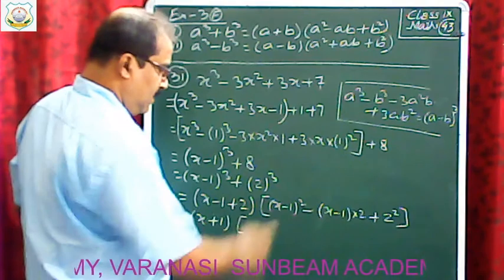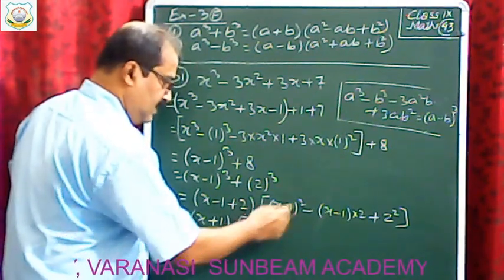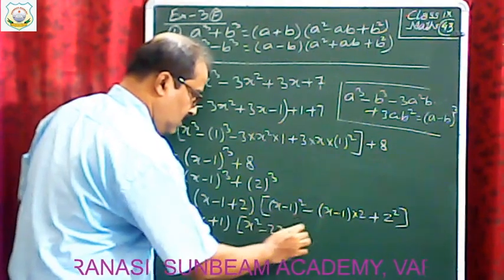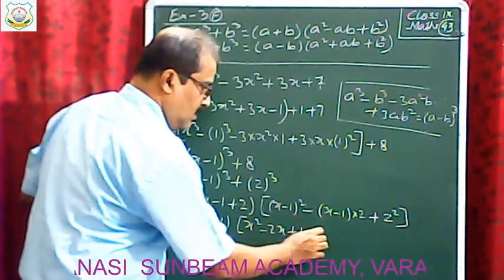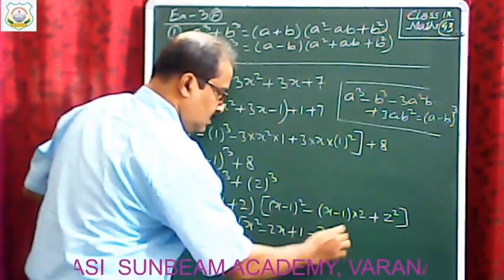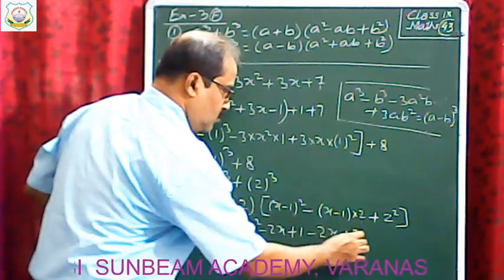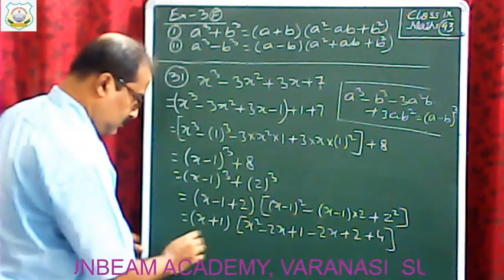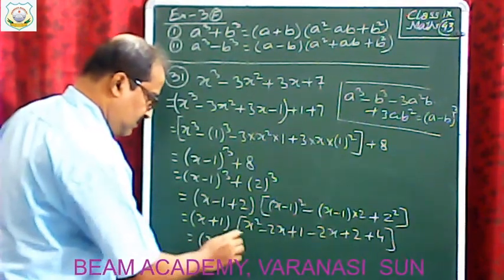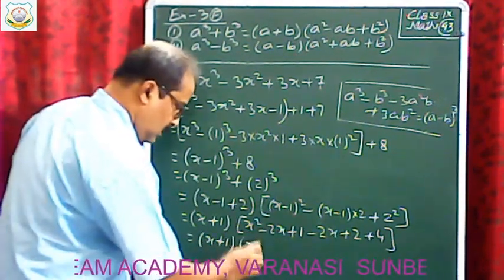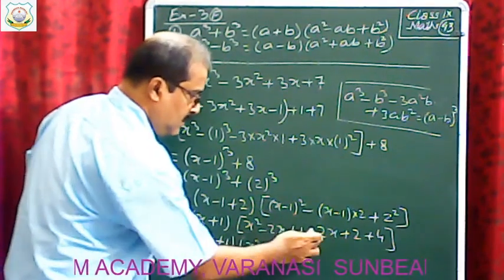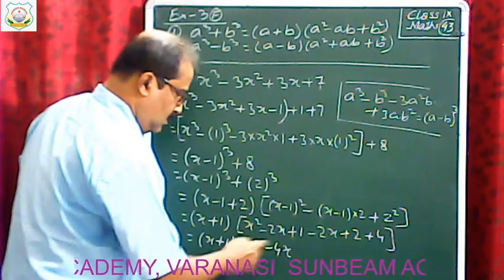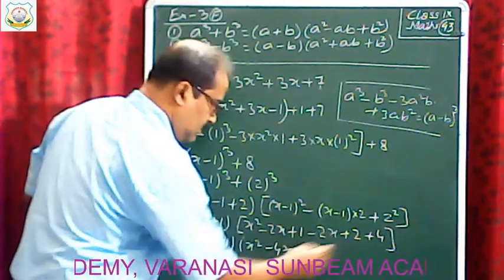Thereafter expand this x minus 1 whole square, a minus b whole square is a square minus 2ab plus b square, minus 2x minus minus plus 2 plus 4. So finally you get x plus 1, x square minus 2x minus 2x minus 4x, 1 plus 2 is 3 plus 4 is 7.